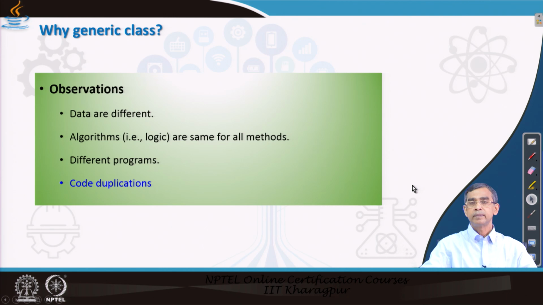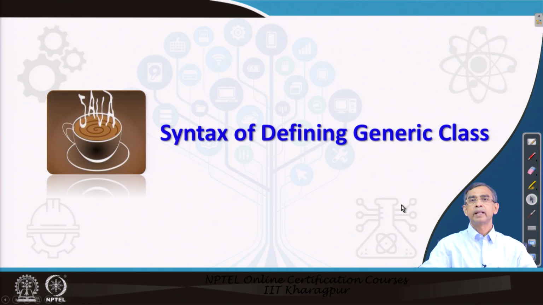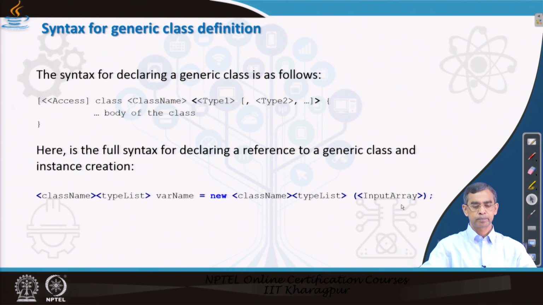If the types are different, but the logics are the same, then we should not go for writing different programs; rather we can avoid code duplication. Now, here is the idea of how a class, that means a program, can be made generic so that it can take care of any type of data to run.